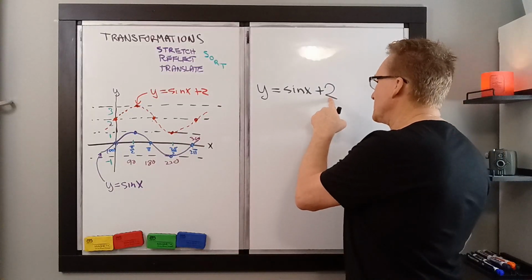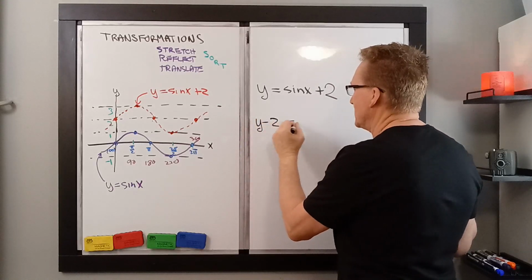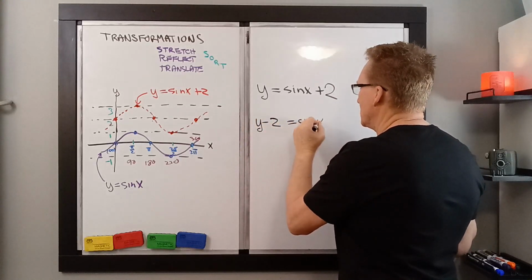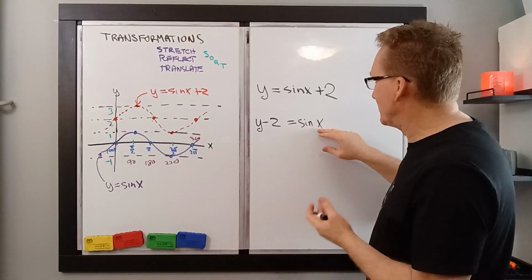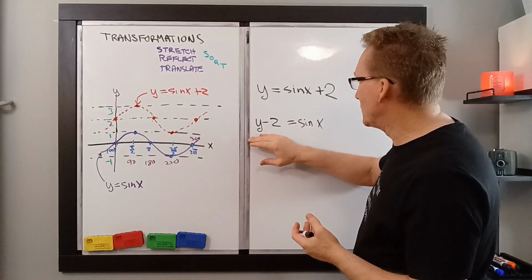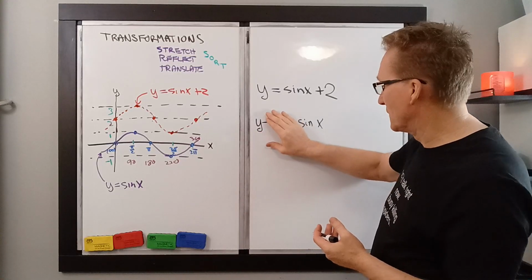But what if we move this 2 to this side? Then we would have something like this. y minus 2 is equal to sine x. That means if you put an x value in here, the y value that you're going to need now is going to have to be 2 bigger than it was before, right?